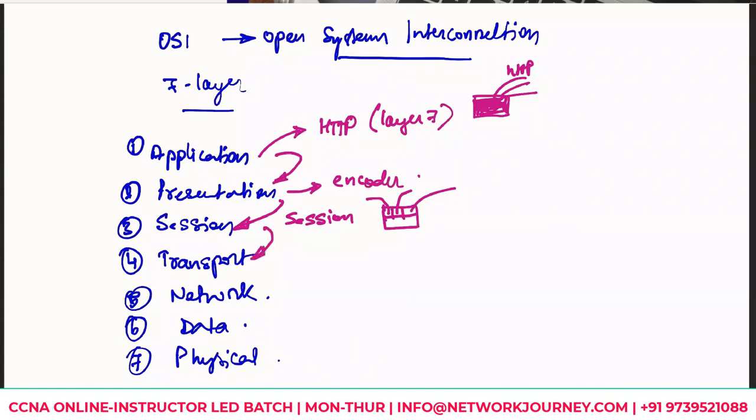Now what does transport do? Transports are your UDP and TCP packets. They check the reliability, UDP and TCP. So what transport will do is see the reliability. The packets coming to us are in a UDP packaged header or TCP packaged header. If it sees that it's a UDP, then it will spare very little resource.